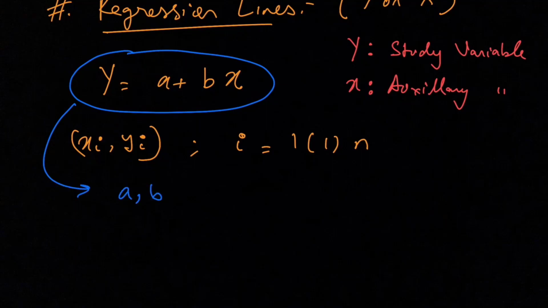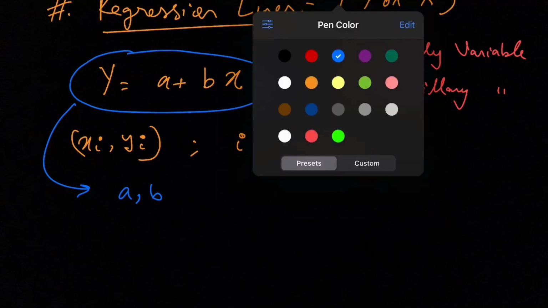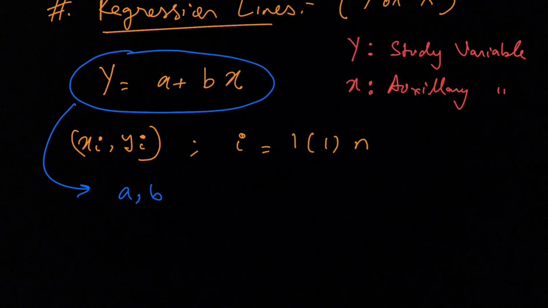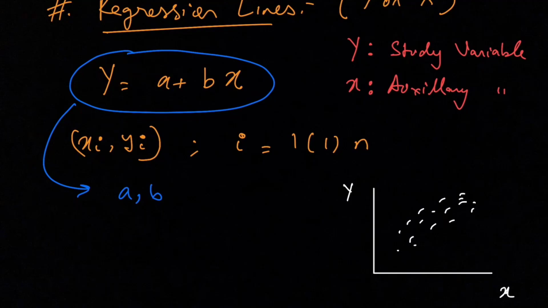Let me just tell you one thing. Suppose this is your y and this is x, and these are your various data points. By doing the analysis, you find the regression line of y on x to be something like this.